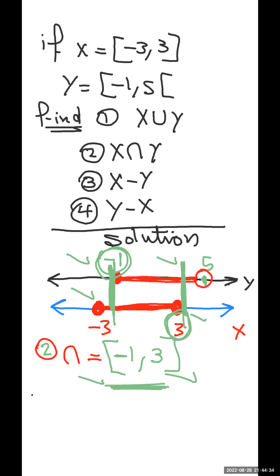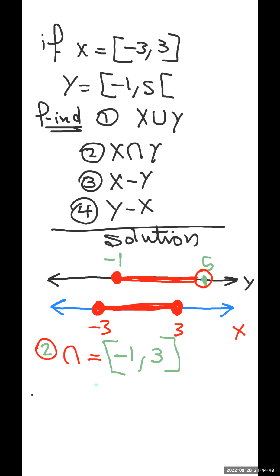Okay. Now, check the second point about the union. Now I'm going to clear this line and all this, because I'm going to use the same number line, of course, not to waste the time.